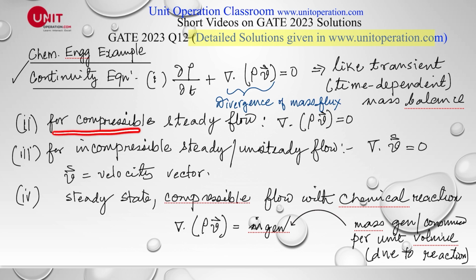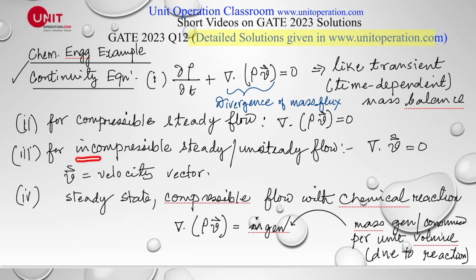Therefore, for compressible flow, let's say for air or any gas, for compressible steady flow, the time dependent transient term would be equal to 0. So this would be equal to 0, where, of course, the density will remain inside the parenthesis. That means it would be a divergence of the entire mass flux here, and that would be equal to 0. That is my continuity equation.